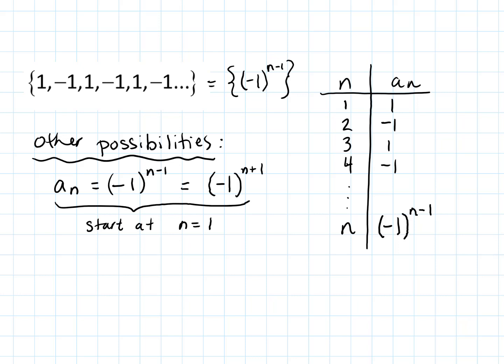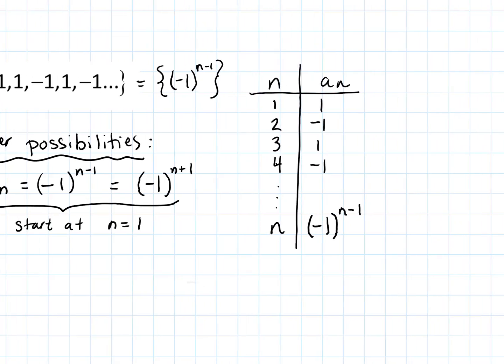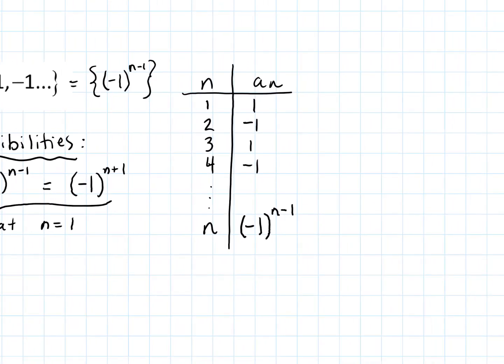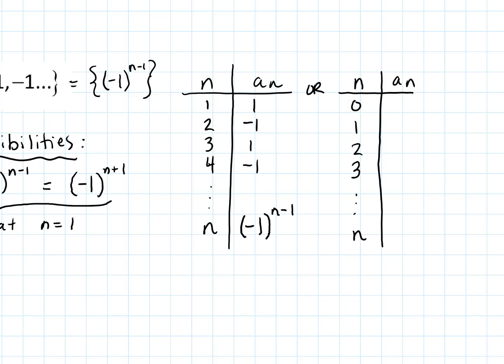Now we can play around with that as well, and we could start at n equals 0 if we were to have started this pattern. Again, we're the one deciding how we want to define this sequence. So here's just another possibility. If we had wanted to start the sequence at n equals 0, well, the first term in the sequence was 1, and then -1, and then 1, and then -1.